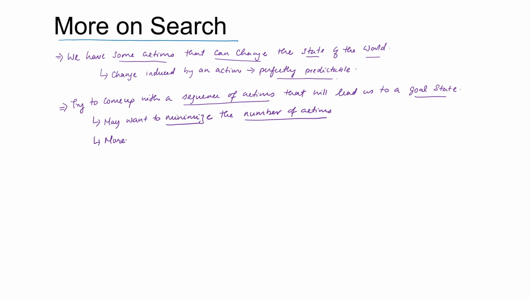More generally, instead of minimizing the number of actions, you may want to minimize the total cost of actions. Whatever actions result in the goal state in the state space, you may want to minimize their total cost instead of their number. Which means what?